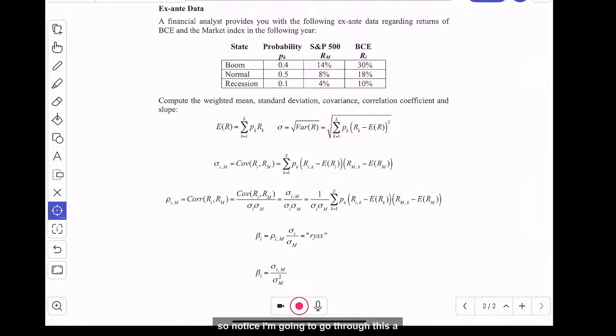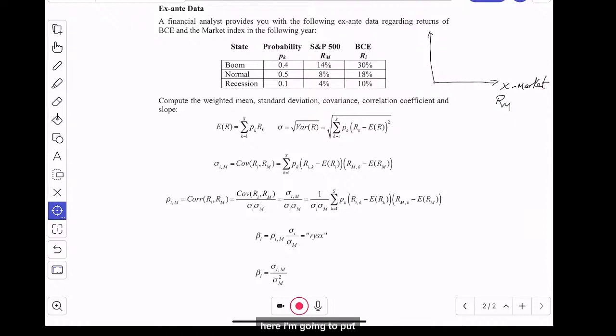So I'm going to go through this a little bit before I continue. If I continue with the convention of putting the variable here for the market, I'm going to end up calling that now M as opposed to X. So this is RM, the market returns.